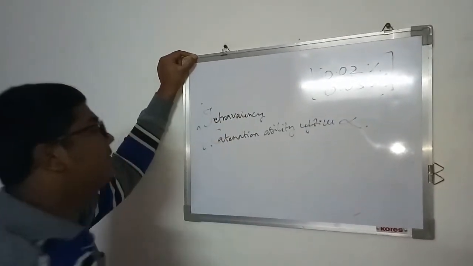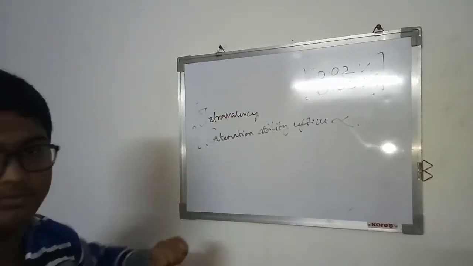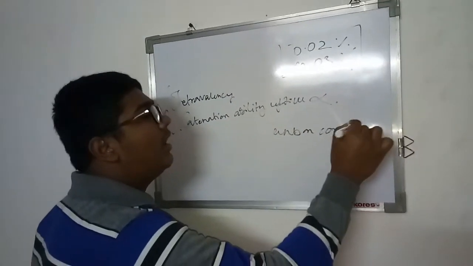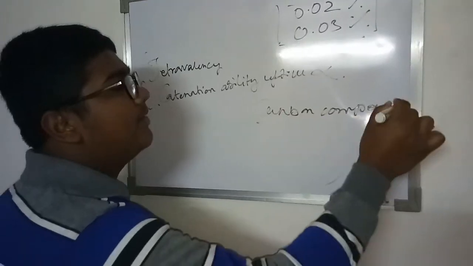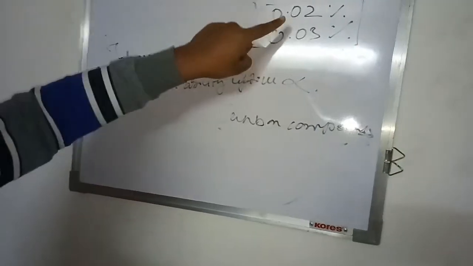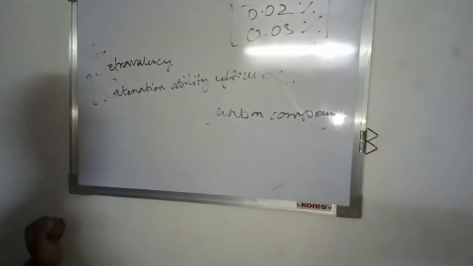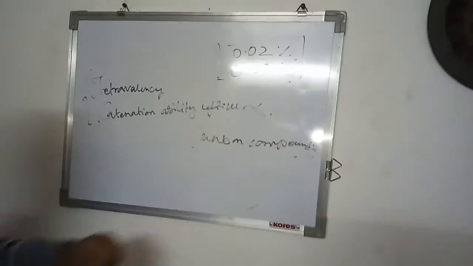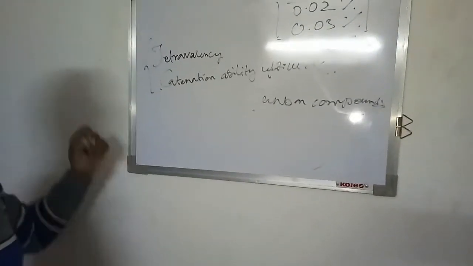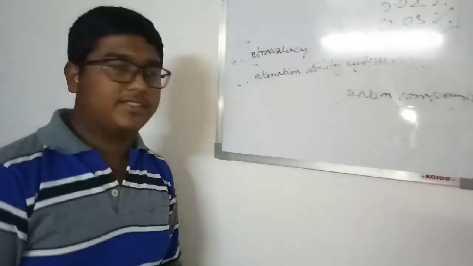These are the key factors that form larger amounts of carbon compounds to exist in this earth, irrespective of their negligible presence in the earth, that is only 0.02% in the earth's crust and 0.03% in the atmosphere. Irrespective of all these things, there is lot amount of formation of carbon compounds. So this is a great question that was asked in several boards' papers in the last years.